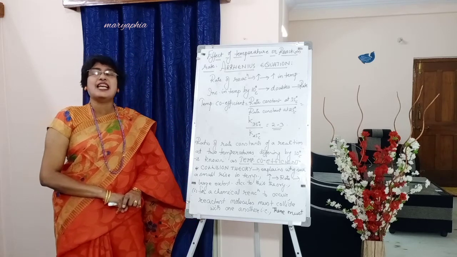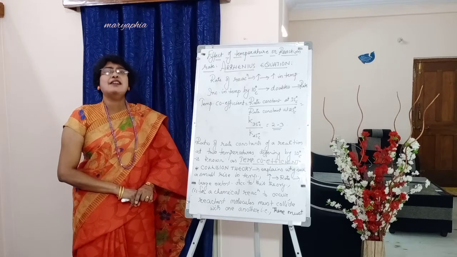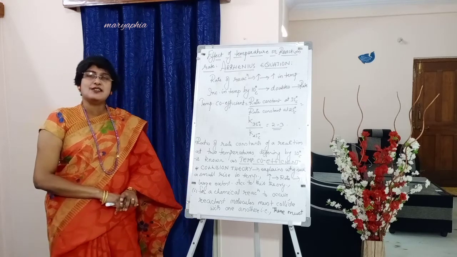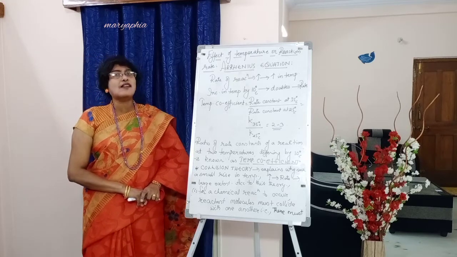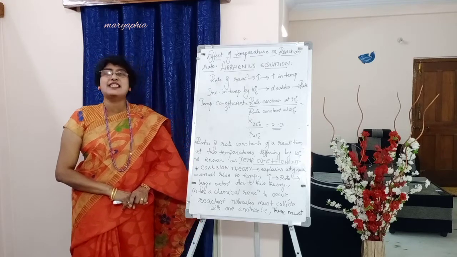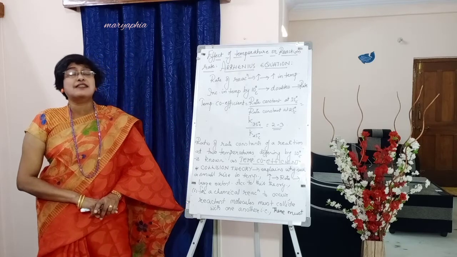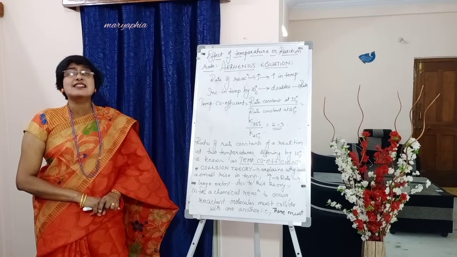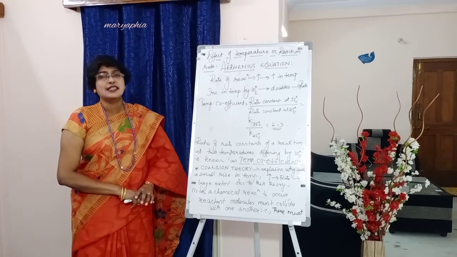For example, if the reaction is taking place at 30, we will increase it to 40. If it is taking place at 10, we will increase it to 20. So with this small rise in temperature by 10 degrees centigrade, we observe the rate of reaction will be doubled by this small increase in temperature.